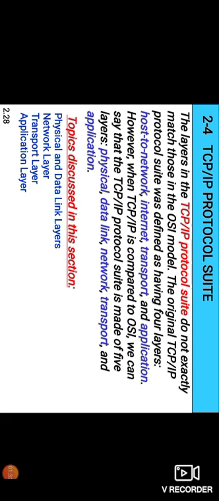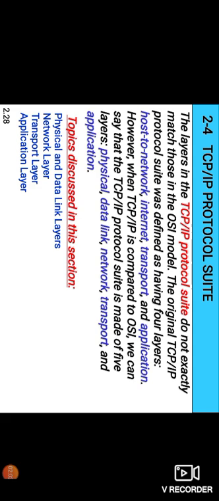The internet layer is equivalent to the network layer. The transport layer does what the transport layer does in the ISO OSI model. And the application layer is the combination of the last 3 layers, that is the session layer, the presentation layer and the application layer.